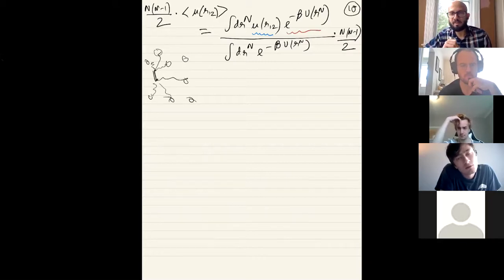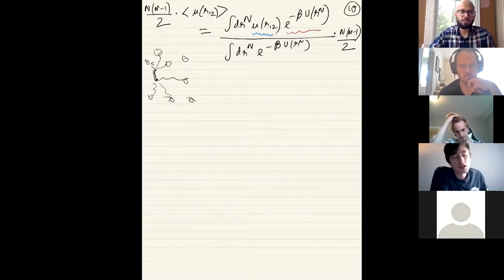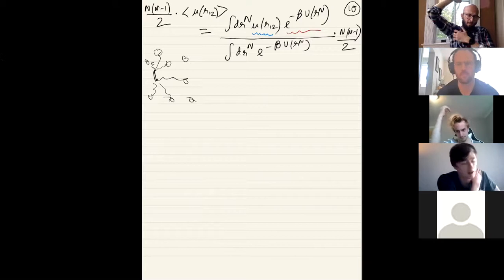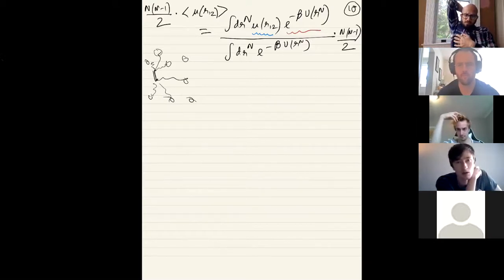If they were not interacting with everything else, then nothing would exist and it would be a really simple integral. Well, I'm thinking just mathematically. So you have integral dr1, dr2 cubed, dot, dot, dot, drn cubed.